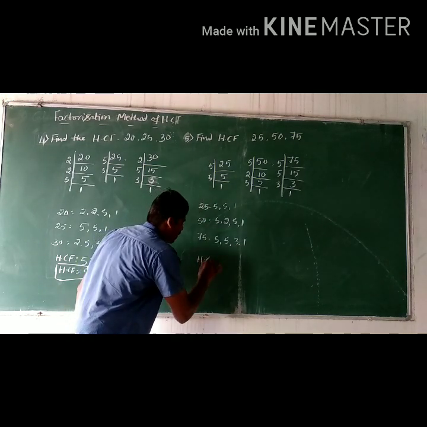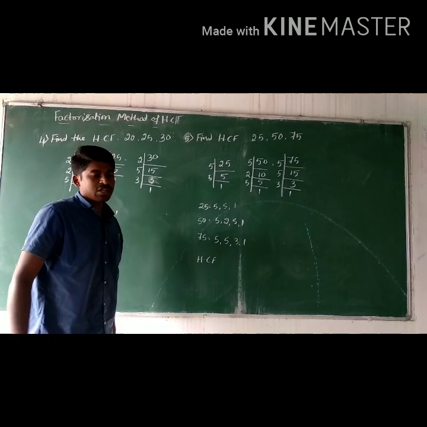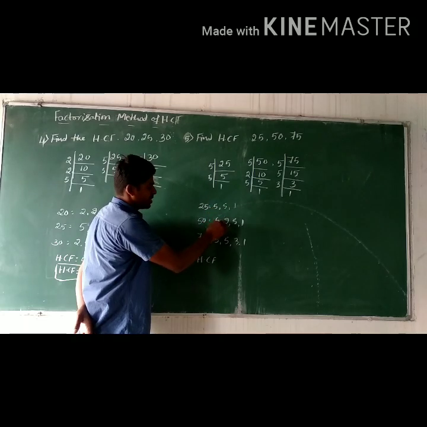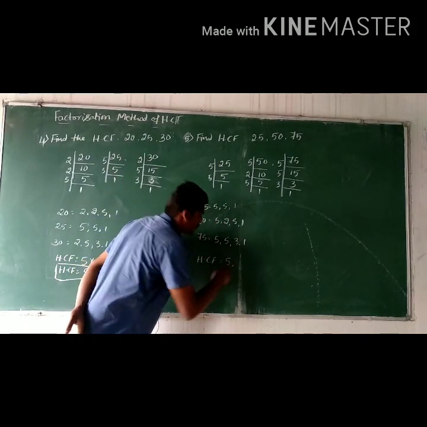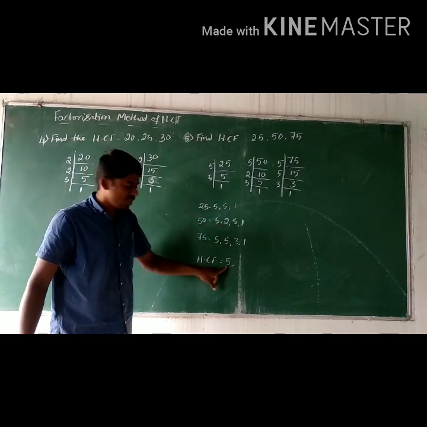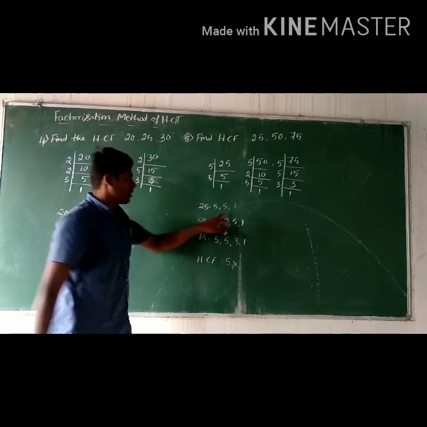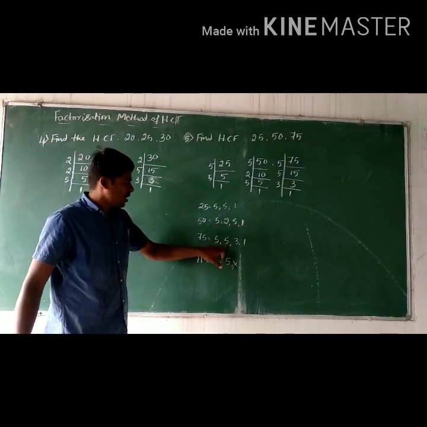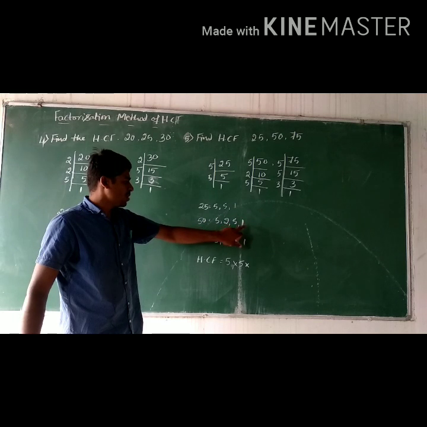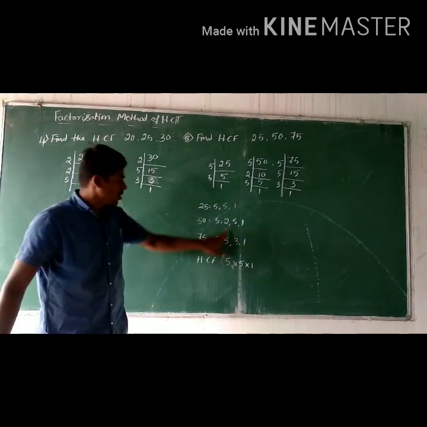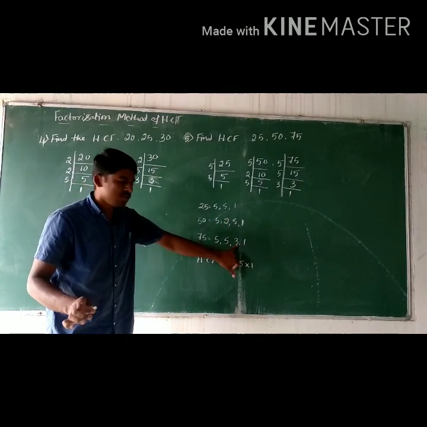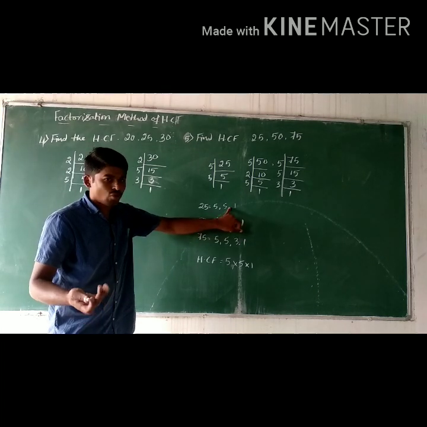Now calculate the HCF. We take the repeated numbers. 5 is there in all three, take it. Another 5 is there in all three, take it. 1 is there in all, take 1. 2 is not in the others, don't take. 3 is not in all, don't take it.